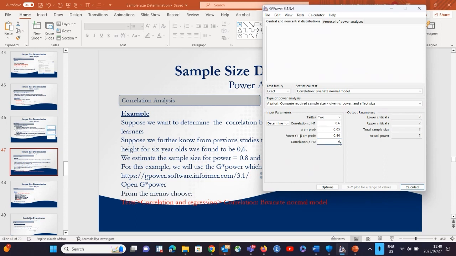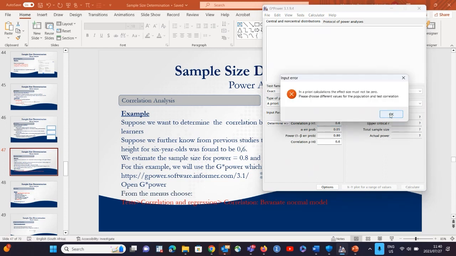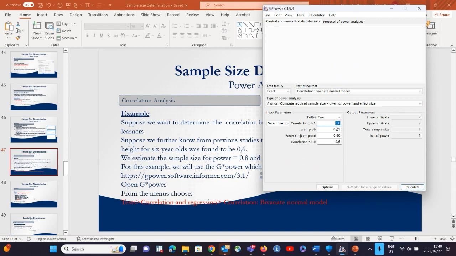No, here the 0.6 is supposed to be here. I'm not sure what was here, but the 0.6 has to be here. Why did I not put the effect size 0.3?